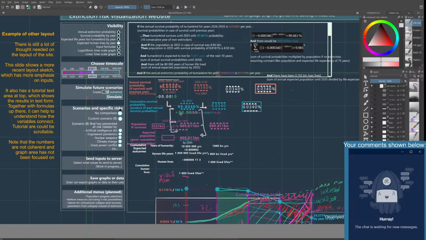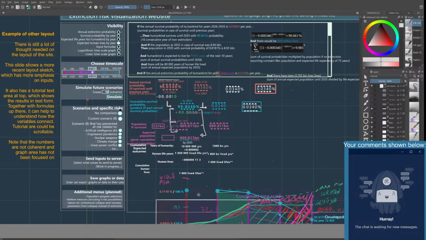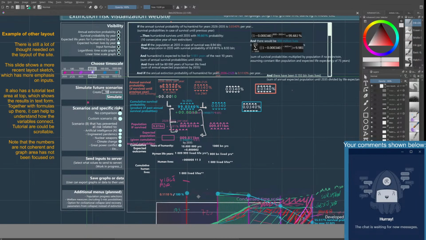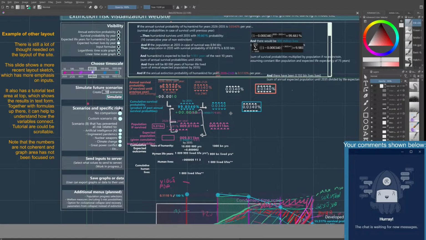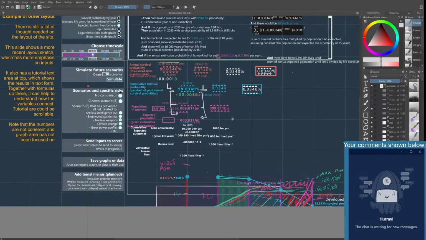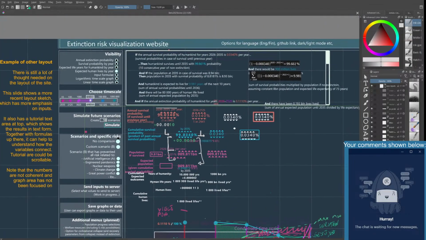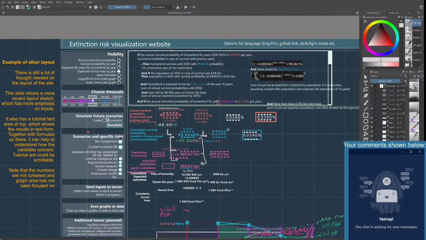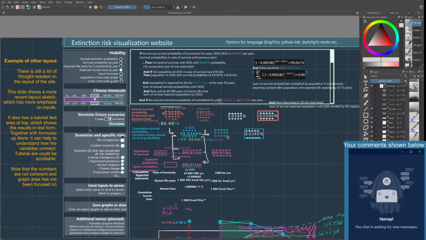If you want to instantly see the effect of the change you make, it's not gonna happen. It's gonna be a little bit slower, we're talking about several seconds, which is a little bit too much. So that's also why I think it could be a good idea to have a little bit less focus on the graphs.